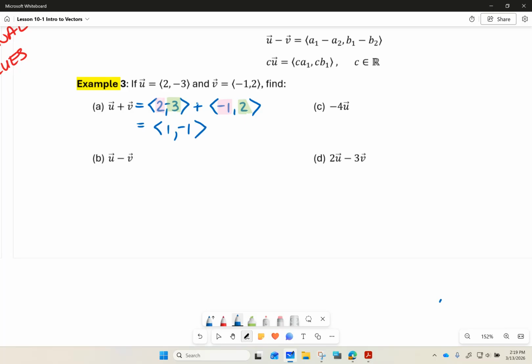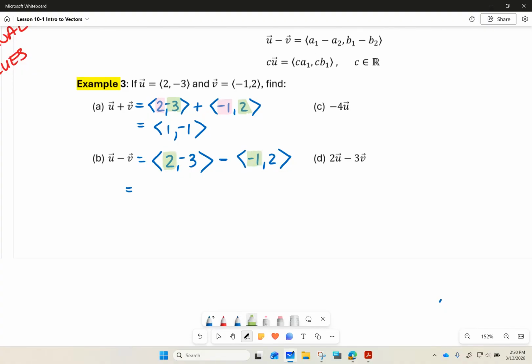Let us do u minus v. So let me rewrite these same problems. 2, negative 3 minus negative 1 comma 2. All right. You can distribute that negative first and then add, or we can just straight subtract right off the bat. So again, make sure you focus.